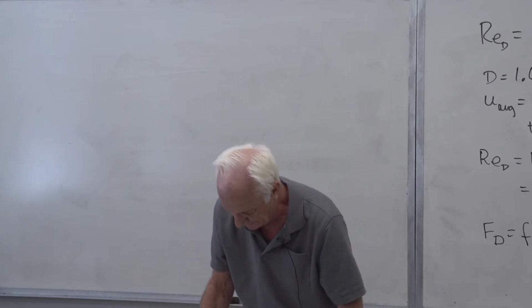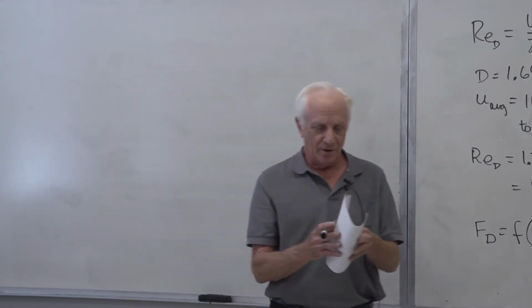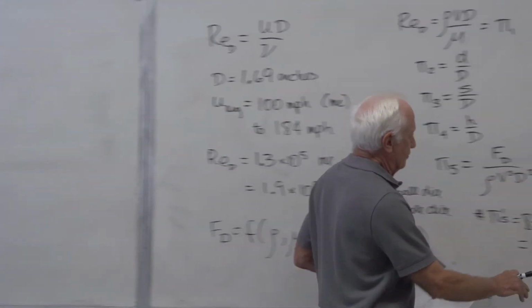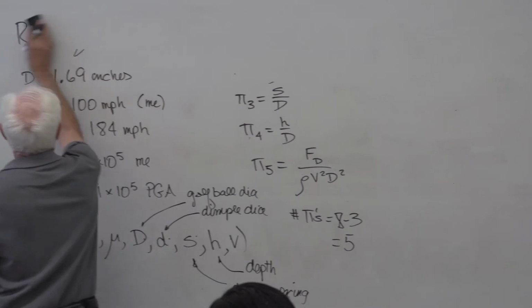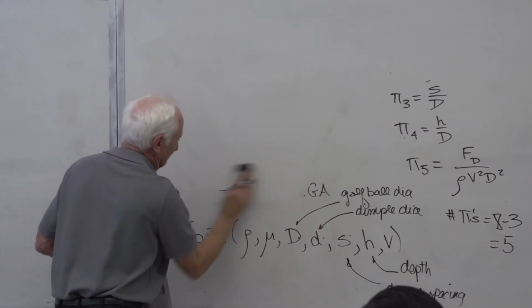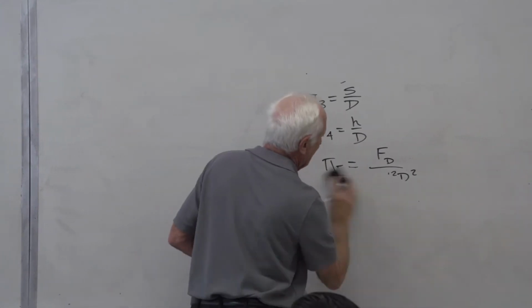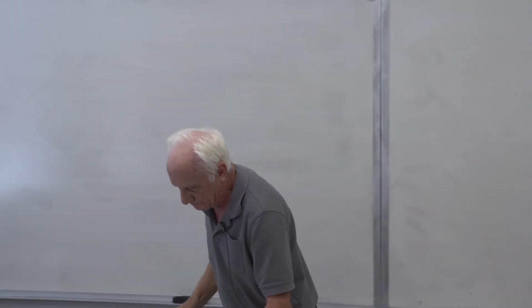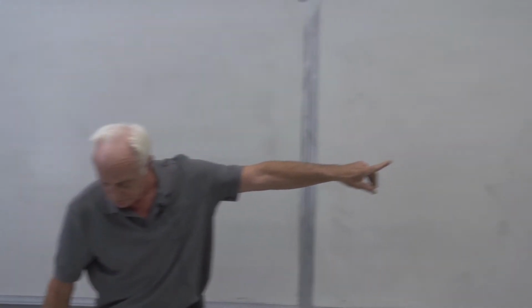Then, if we take a look at these figures on here now, let's flip one over. In the textbook, you've got the figure for C sub D on smooth cylinders and spheres.